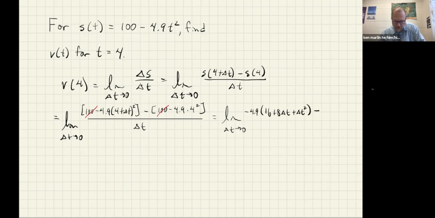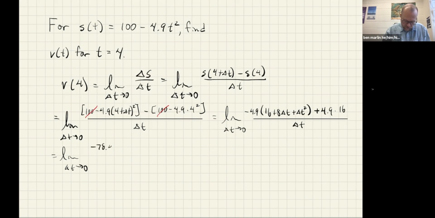And then minus a negative 4.9 times the 16, all that divided by the delta t, with the limit as delta t goes to 0. I have to grab a calculator to find that 4.9 times 16 is 78.4. So negative 78.4.